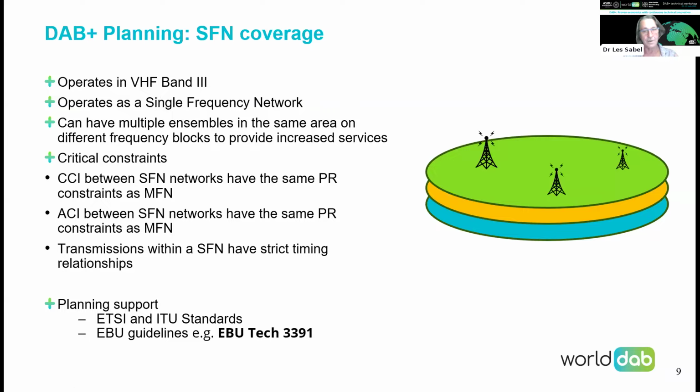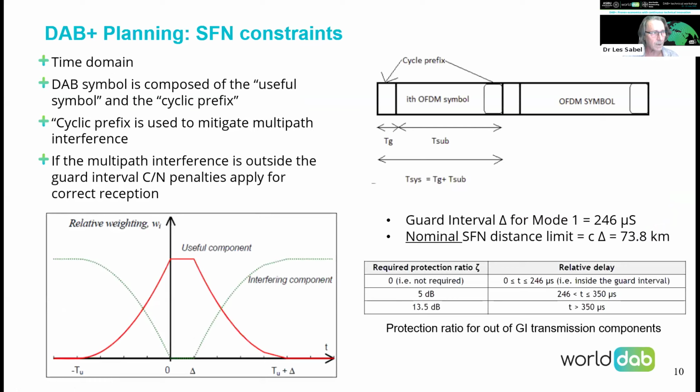So let's have a bit closer look at that, because DAB uses OFDM for its modulation, and it has a guard interval of 246 microseconds, which is a nominal distance between transmitters of 73.8 kilometers. But that's nominal, and we'll look at that in more detail in a moment.